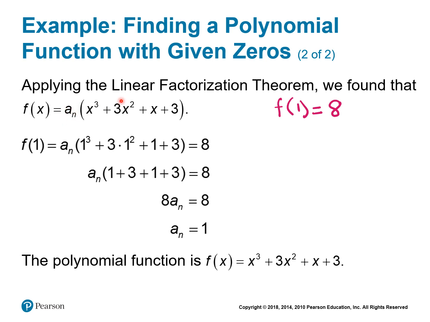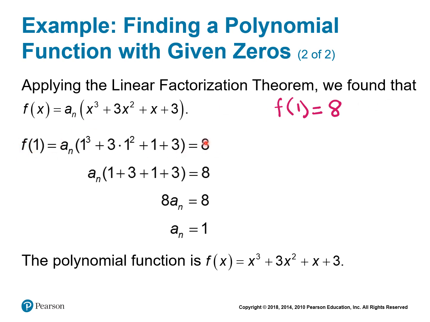In order to do that, we are going to use this piece of information that was given to us. All we need to do is write it out in this form, and then replace all the x variables in this polynomial by 1, and make f of x on the other side equal to 8.